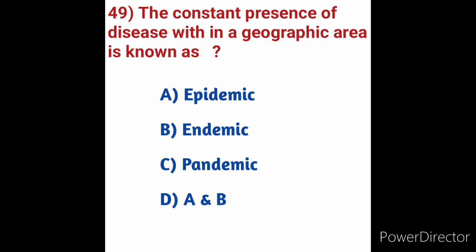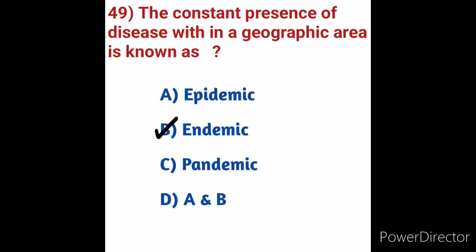Endemic refers to the constant presence or usual prevalence of a disease or infectious agent in the population within a geographic area. Hyperendemic refers to persistent high levels of disease occurrence. Occasionally the amount of disease in a community rises above the expected levels. So here option B, endemic, is the correct answer.